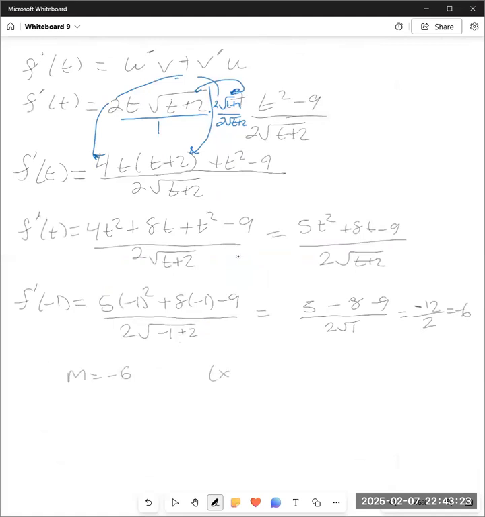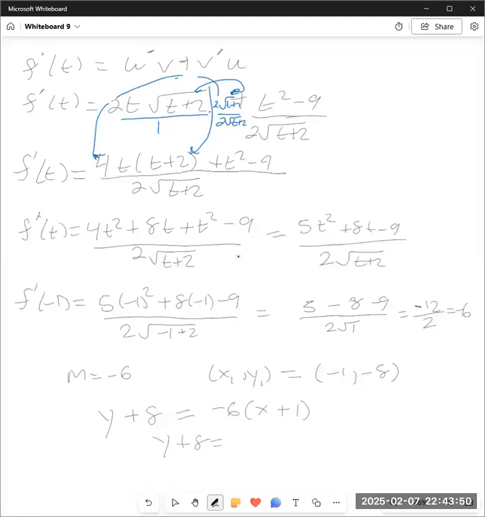And I have an x1, y1 of, this was negative 1, negative 8. So y minus y1 is equal to m times x minus x1.